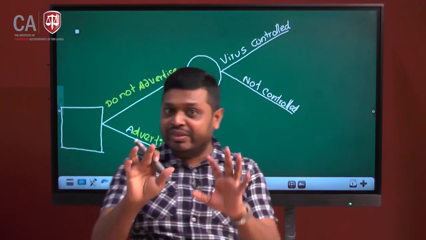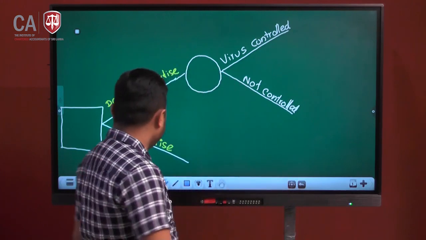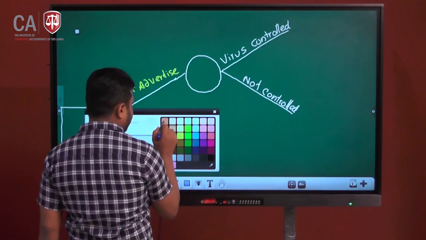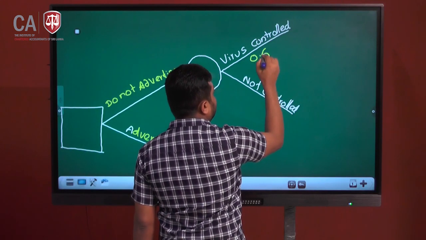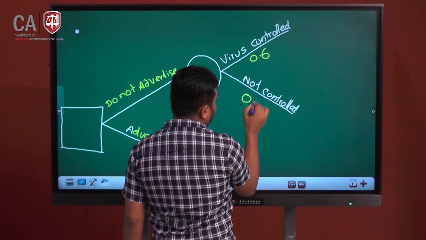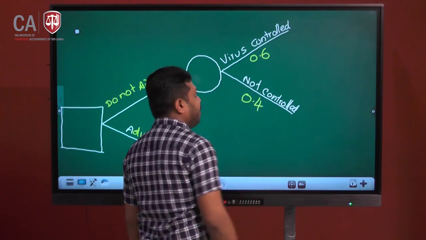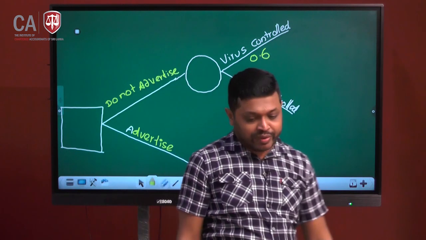The probability of controlling the virus is 60%, so I will say 0.6. Not controlling the virus is 0.4.